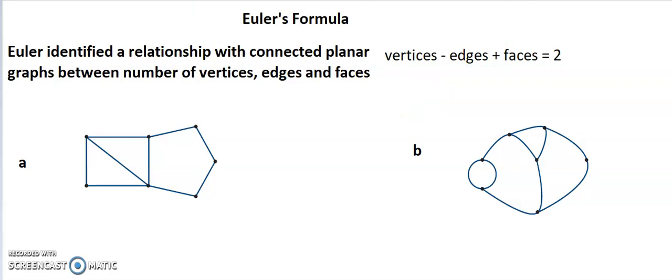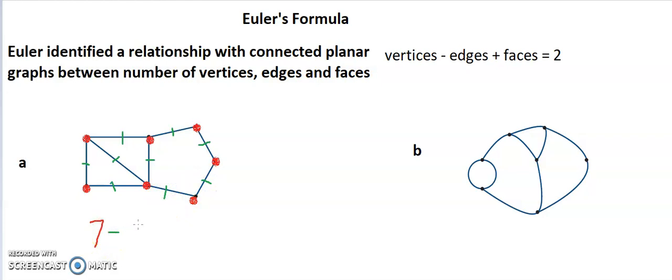So we're going to check that with this. The number of vertices that we have: 1, 2, 3, 4, 5, 6, 7. So we've got 7 vertices. The number of edges we've got: 1, 2, 3, 4, 5, 6, 7, 8, 9.